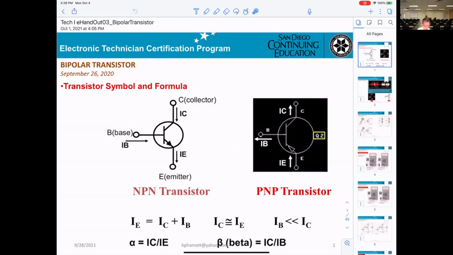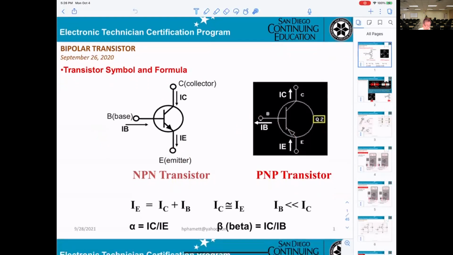Okay, the formula you will normally be using. You can see the currents. There are three different currents. One is IB, the base current.